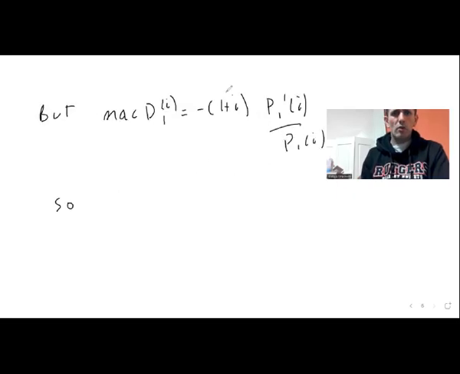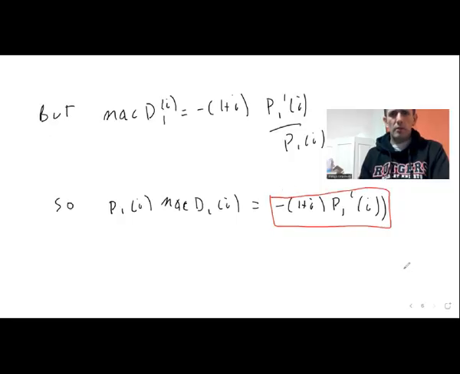Okay, so P1 price times the price of the first annuity at I times the Macaulay duration of the first annuity at I is exactly what I want: minus (1 plus I) P1 prime at I. Okay.